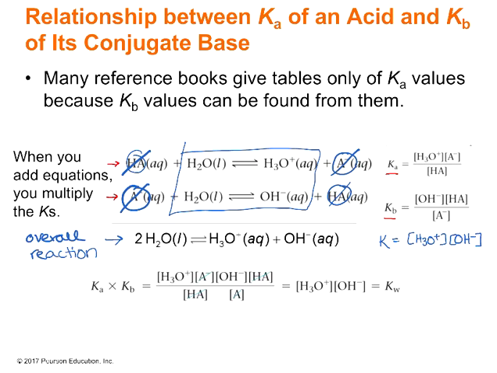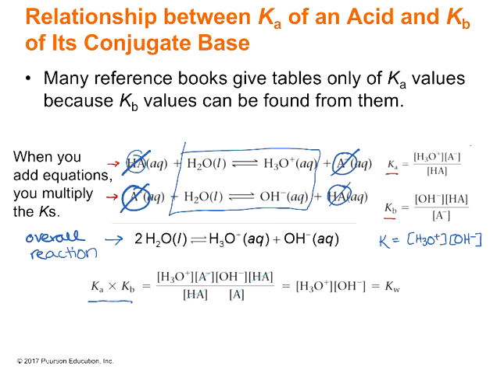However, in chapter 15, we learned that we can also multiply the equilibrium expressions for two equations if we're adding them together. So down below, we're going to multiply Ka times Kb to get the equilibrium constant expression for the overall reaction.